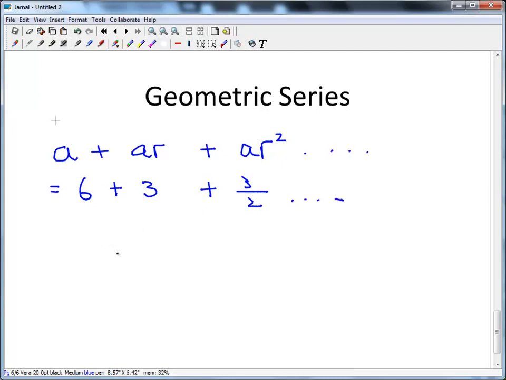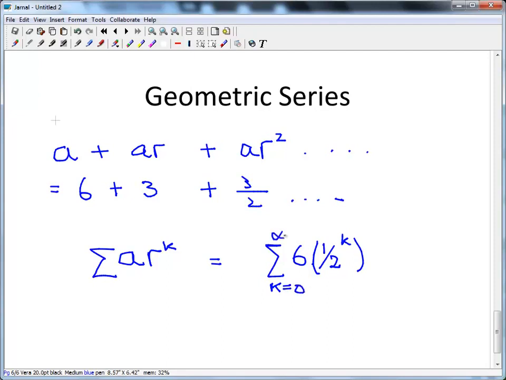We can write that as the sum of a times r to the power of k, which is 6 times 1/2 to the power of k, with k from 0 to infinity, and that's our answer.